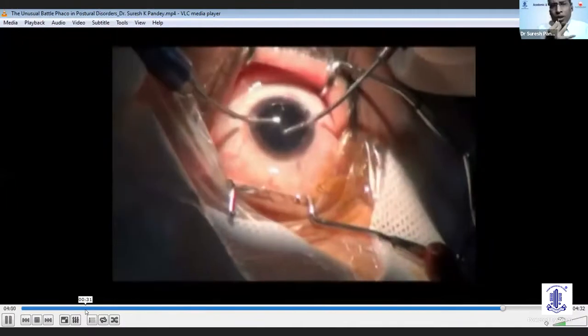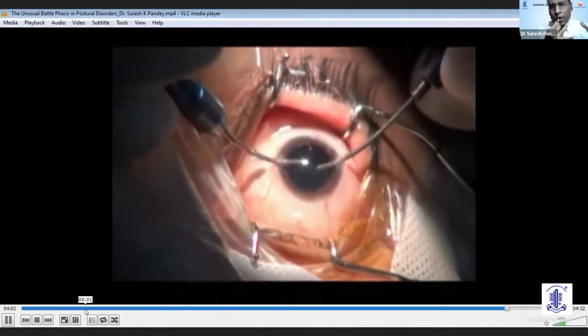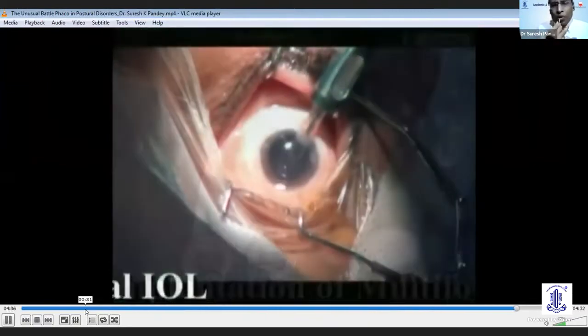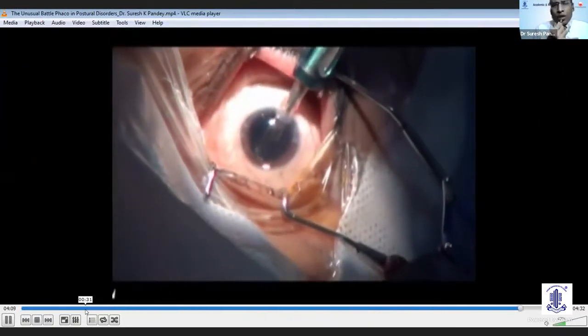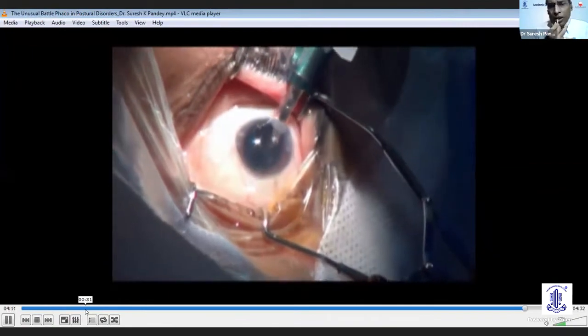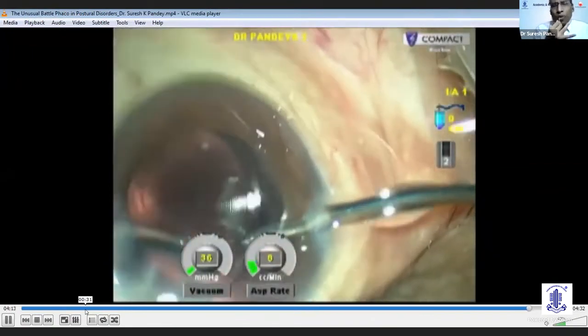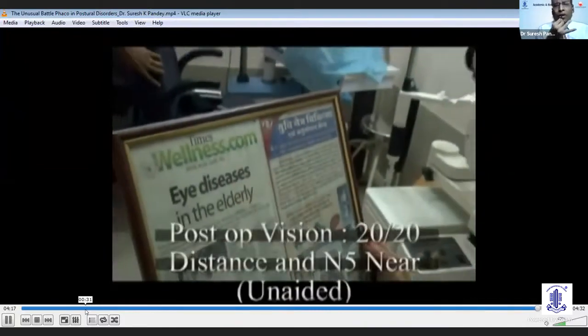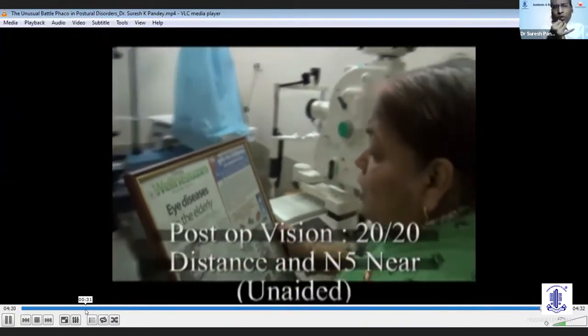We fixed the microscope and brought it into focus. Then we used the phacoemulsification machine to emulsify the cataract, using one foot on the foot pedal of the phaco machine, and the surgery went very well.